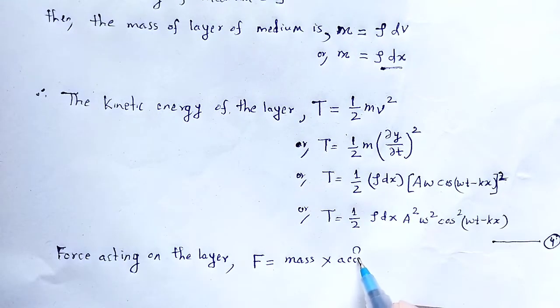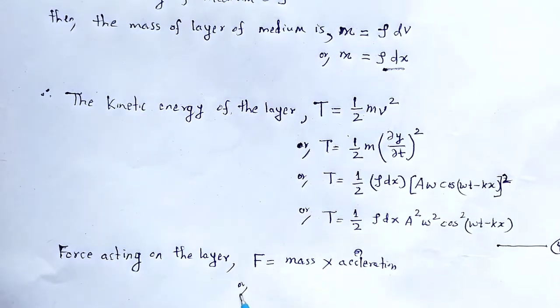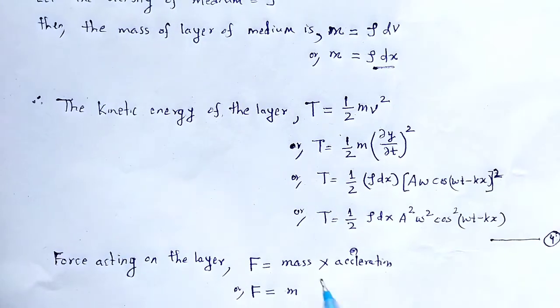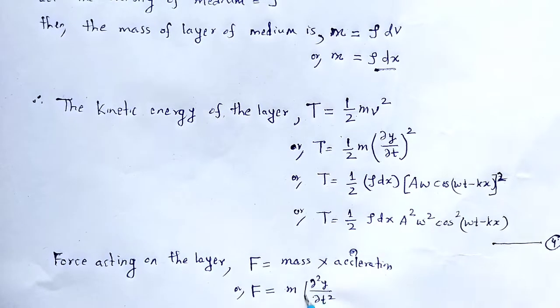Here mass m, and acceleration is the second order differentiation, del square y by del t square.